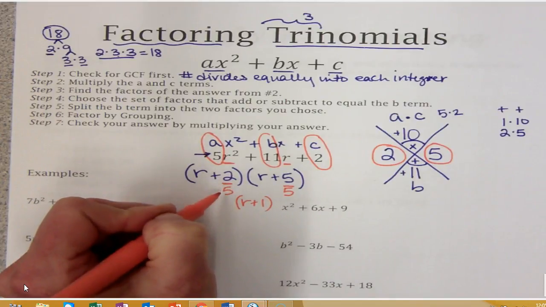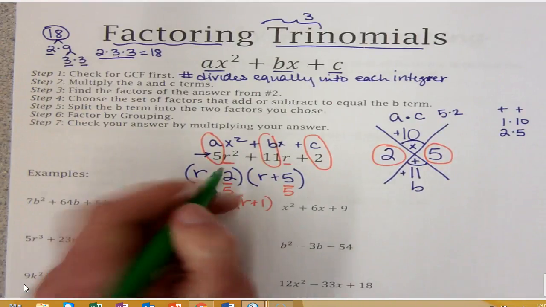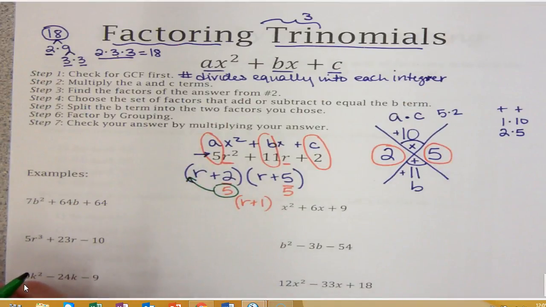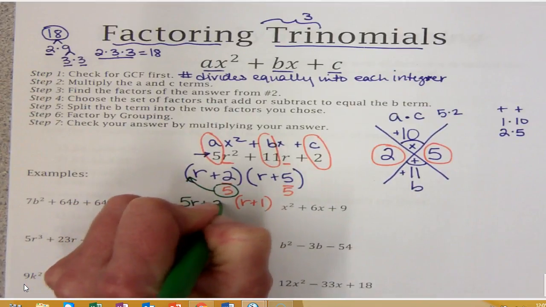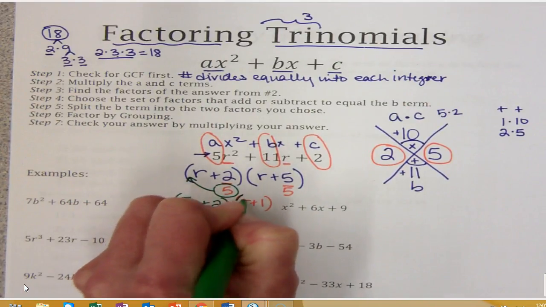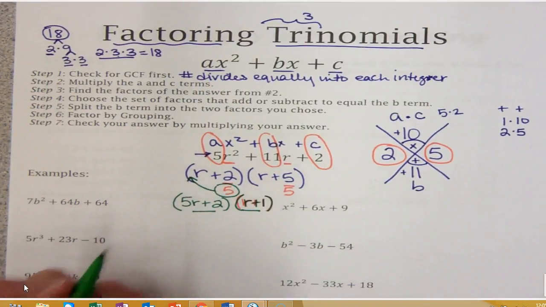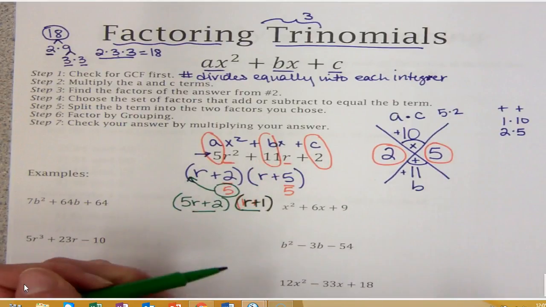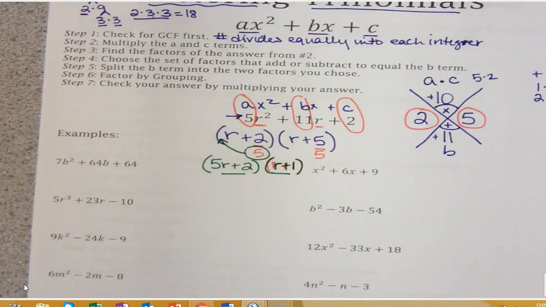However, 2 divided by 5 is not going to be even. So I take my 5 and it stays in front of my x term. So I've got 5x plus 2 times x plus 1. Essentially, these have become the two factors that when I multiply them together, I will get this. There we have that.